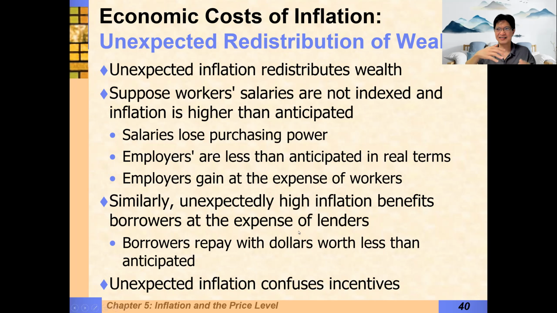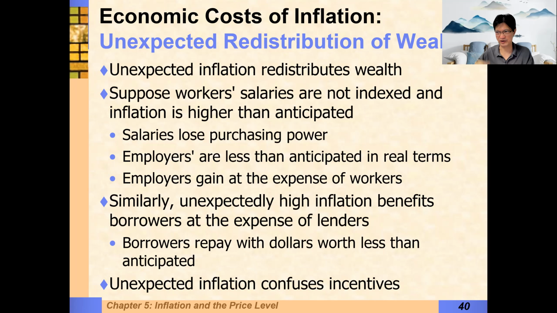So these unexpected changes in inflation just add noise to the economy. It makes forward planning more difficult. It makes investment more difficult. So this is another cause of inflation. When inflation is high, it becomes more variable. More variable inflation means that there's more noise, more uncertainty in investments and the future.